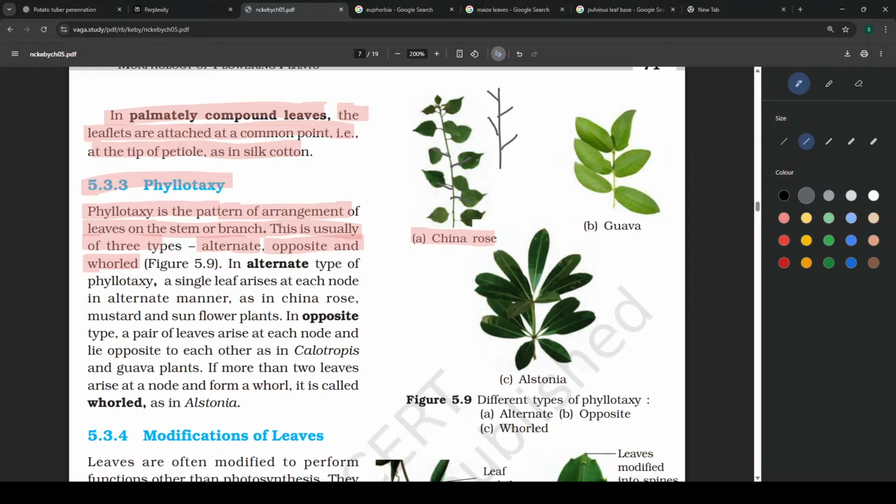In case of the opposite classification, they'll be opposite to each other like floors, on both sides. In case of whorled, it will be a whorl like this, a whorl like this, a whorl like this.